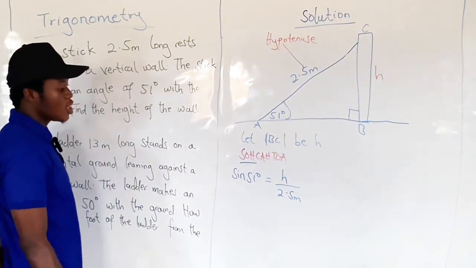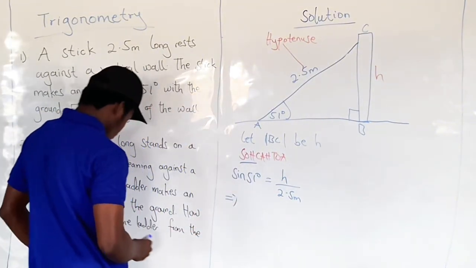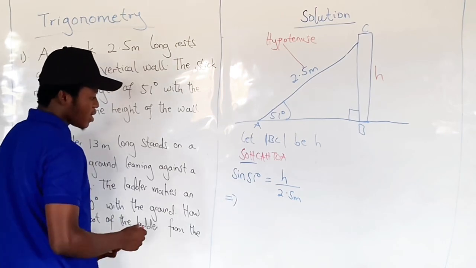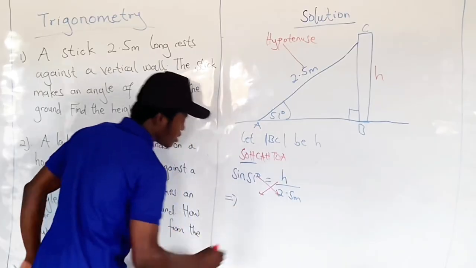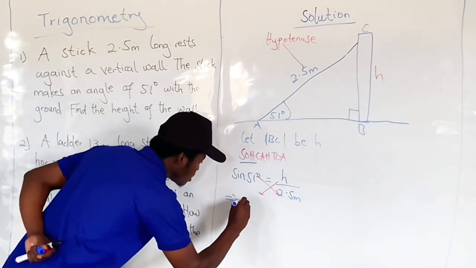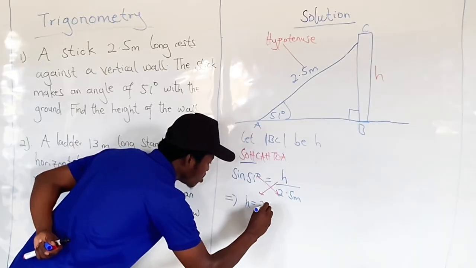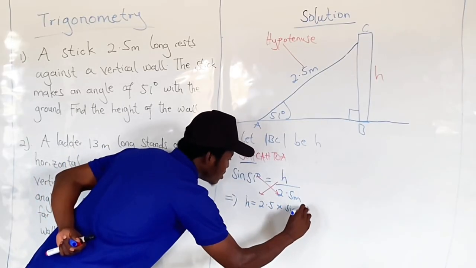How do we solve for h here? To solve for h, we cross multiply like this. We cross multiply, and then we have h is equal to 2.5 times sine of the angle 51.